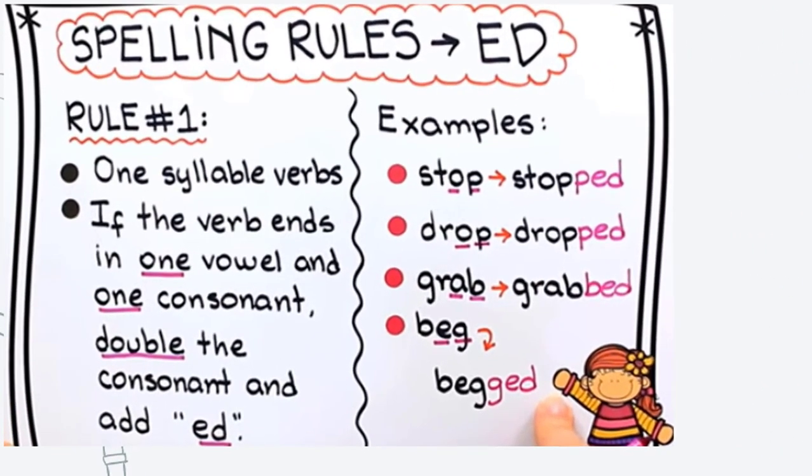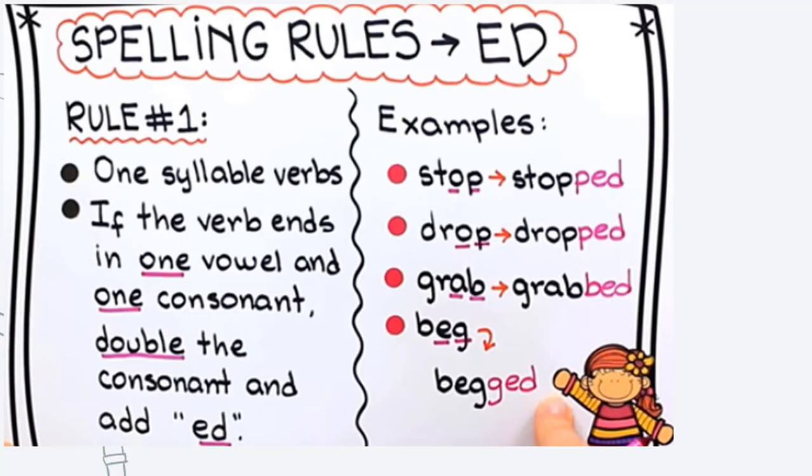Now, let's get back to the regular verbs. Vamos a regresar a los verbos regulares. We need some spelling rules. Necesitamos unas reglas de deletreo con los verbos regulares. The first one, if the verb finishes in one vowel, one consonant, we need to double the last consonant.